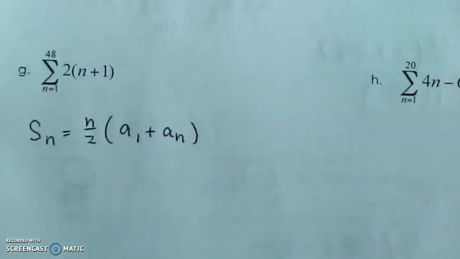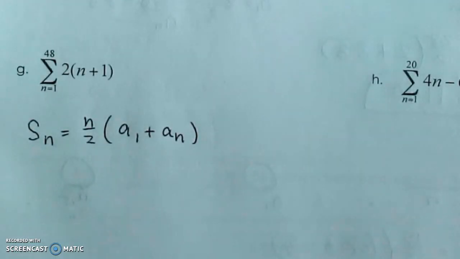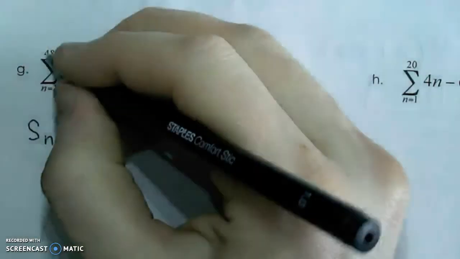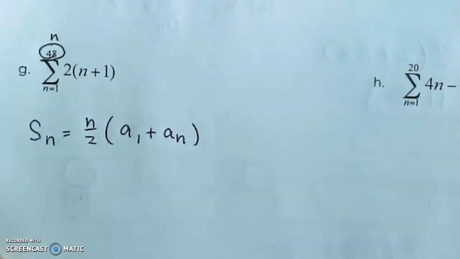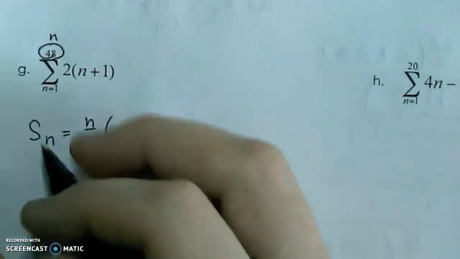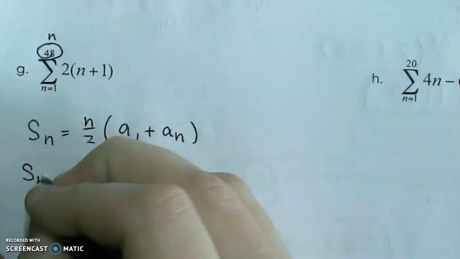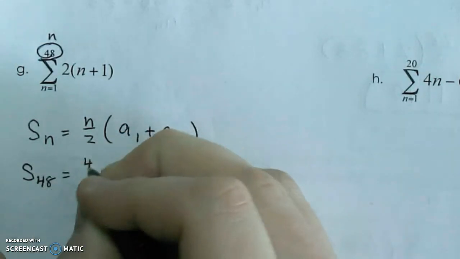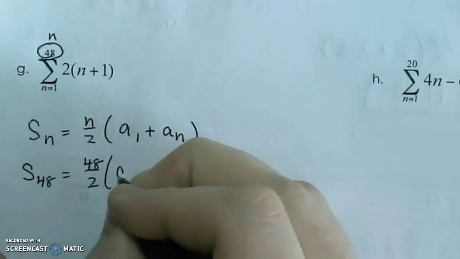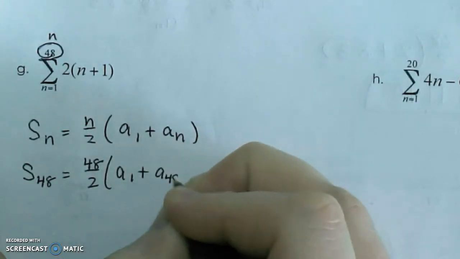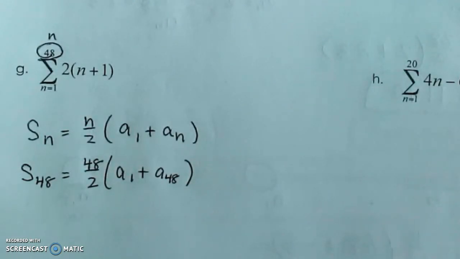So my n is the number of terms, and we can see by looking at the top of the sigma what our n value is going to be. So we know that n is 48. So when we fill in our equation, all we need is A1 and A sub 48.